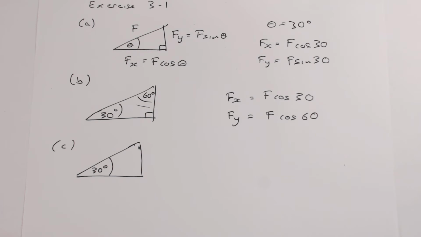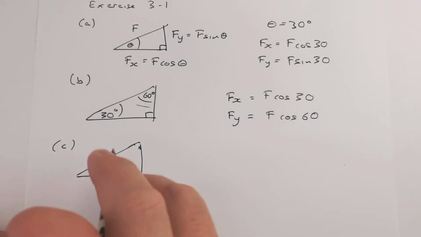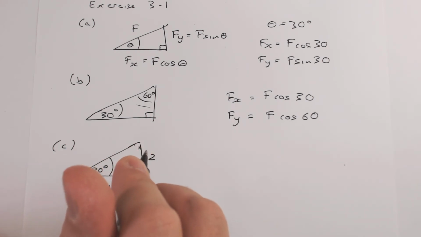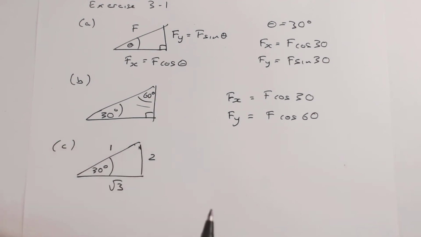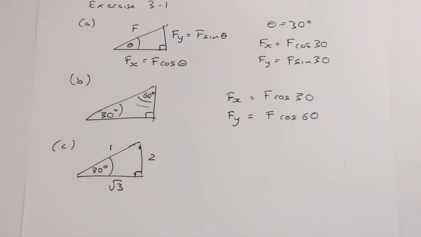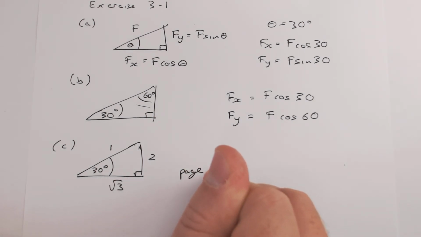Common triangles was on page, there we go. So on page 9, it says this is a common triangle. We use a root 3 there, 2 and a 1 there. So if this is a triangle that I've learned, you should go back to your primer and look at page 9.